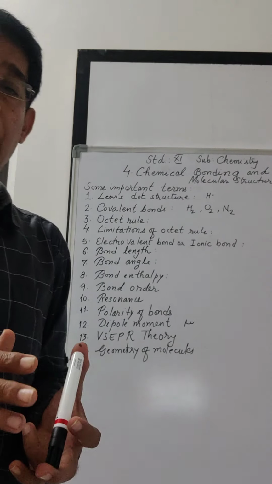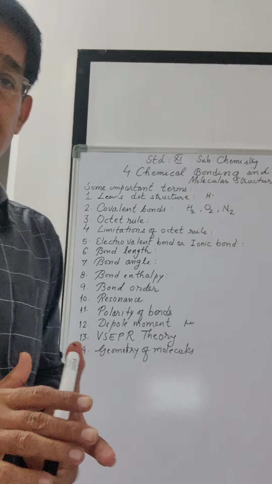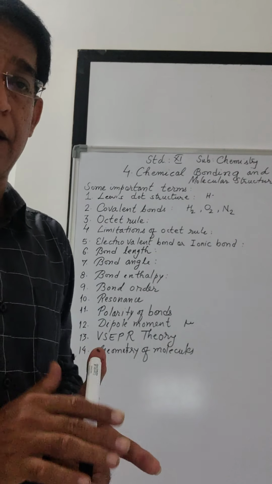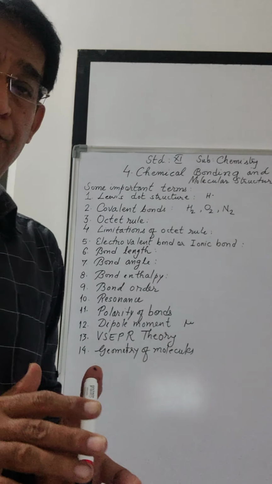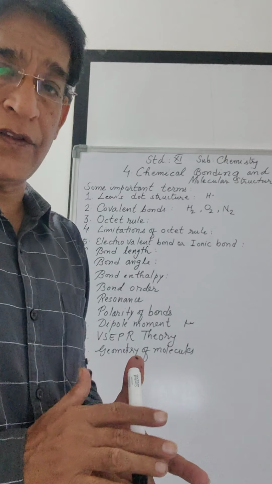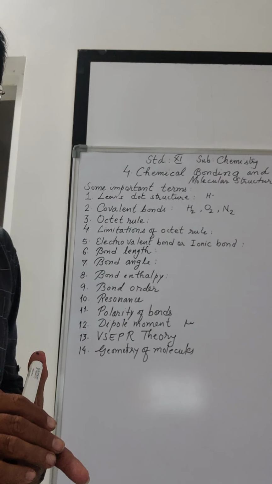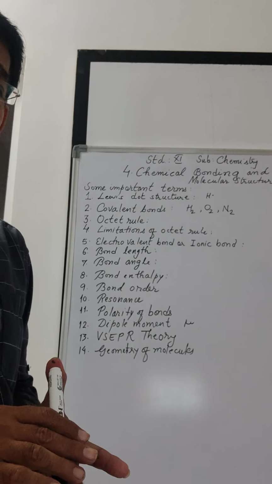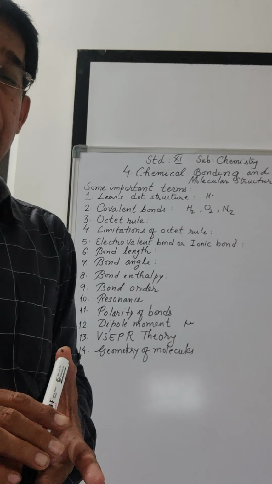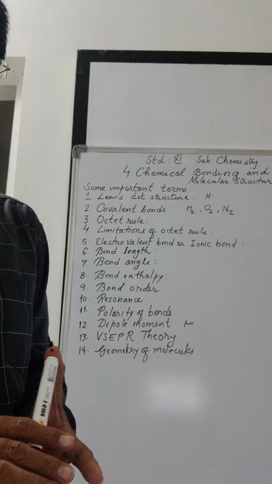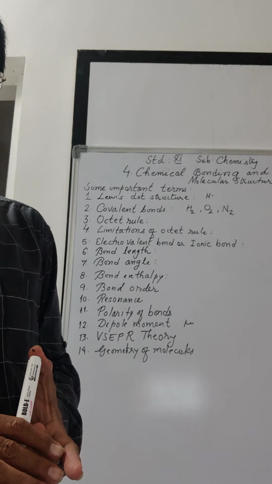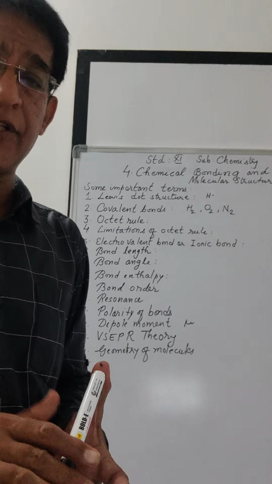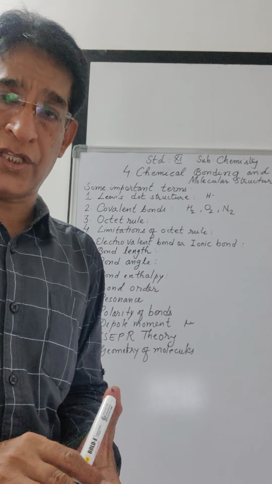Now bond pair is 4, then shape is tetrahedral, example methane CH4. Bond pair 3, lone pair 1, shape is pyramidal, examples are NH3 and PH3.